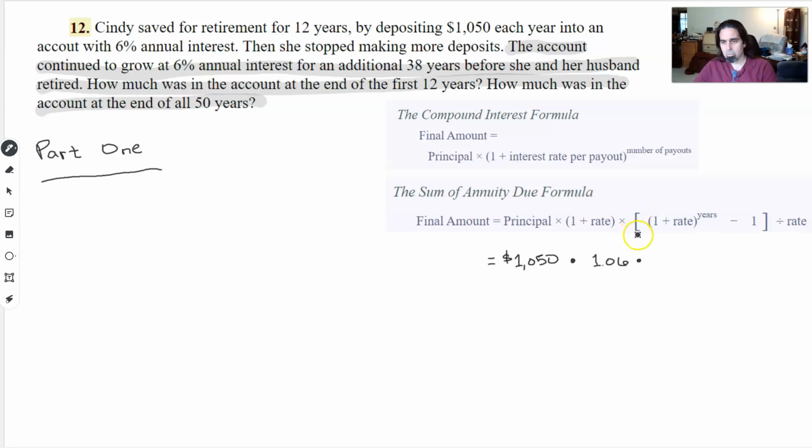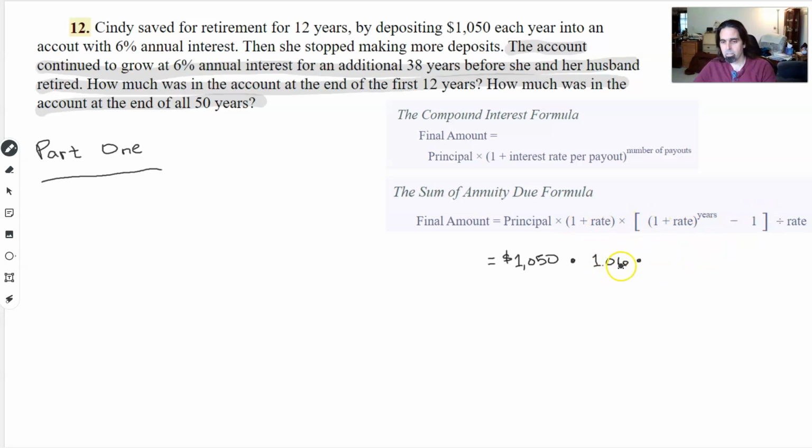Now, these brackets I do need, and if I was writing things by hand, then I would use big brackets instead of square brackets. But since I'm typing when I made this, I had to use square brackets. That's the convention. You alternate. If you have curved brackets inside, then you go to square brackets outside.